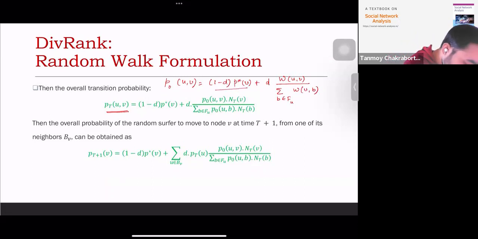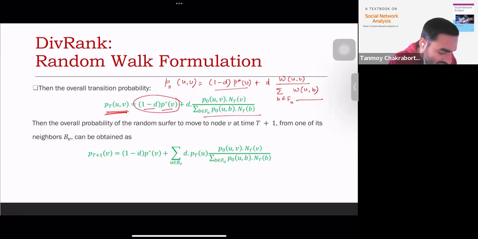If you look at the components, none of these components are time dependent. Now in the case of DivRank, this is the formulation. d and 1 - d remain the same. The first part remains the same. The second part is important.